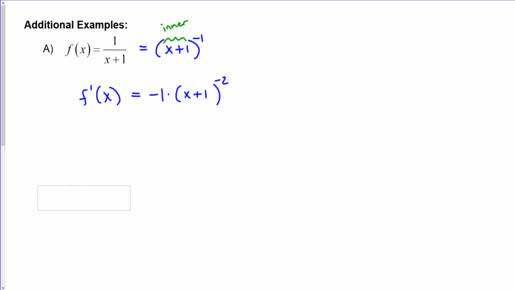So negative 1, subtract 1 from your exponent, negative 2. Then multiply by the derivative of the inside part, which is just 1 in this case. So my derivative here, without using the quotient rule, is negative 1 over x plus 1 quantity squared.